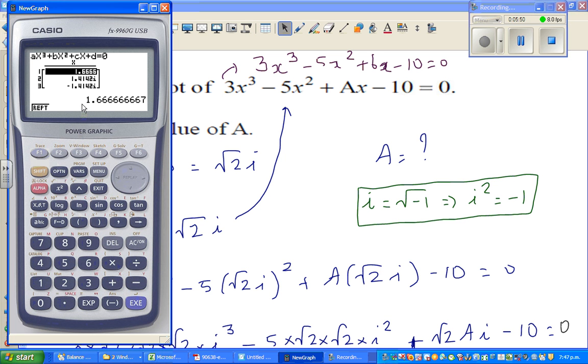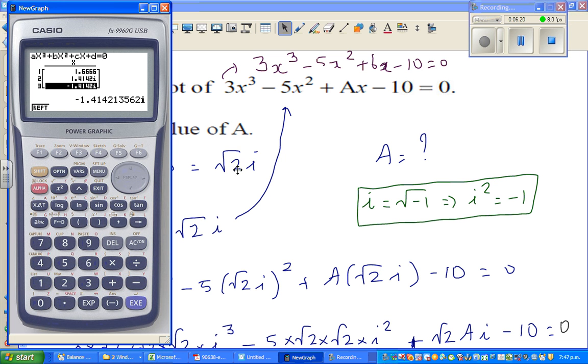So you get 3 roots here. This 1.66 is 1 and 2/3. This 1.4142 is root 2, and the other root is minus root 2i. Those who are learning complex numbers should know that complex roots always appear in pairs of conjugates.